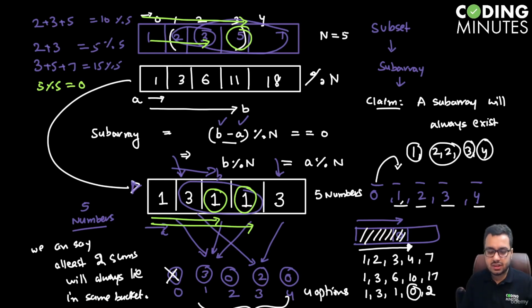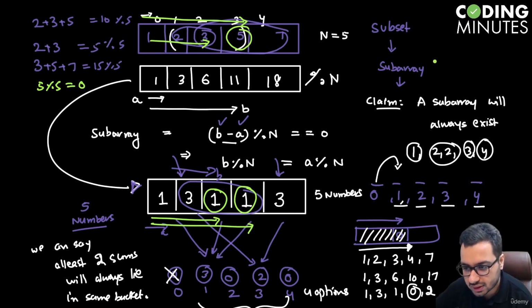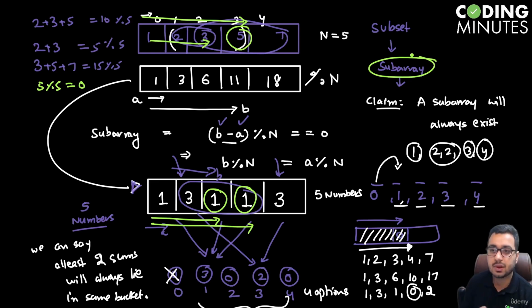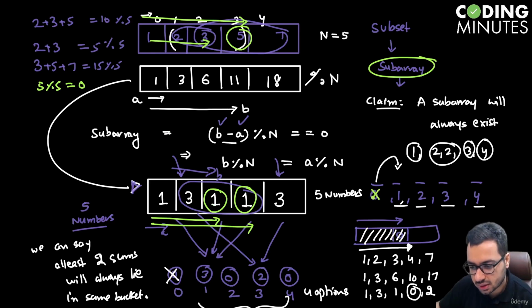So in the question that we have just seen on CodeChef, you do not need to find subsets in exponential time. We have already proved such a subarray will always exist because of the pigeonhole principle, because there can be two cases. If one of the sums turns out to be 0, that means starting from the 0th index till that particular index, you got the subarray. But if none of the numbers is 0, then you have 5 numbers here and only 4 buckets left.